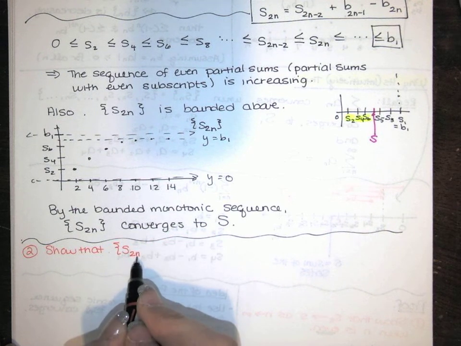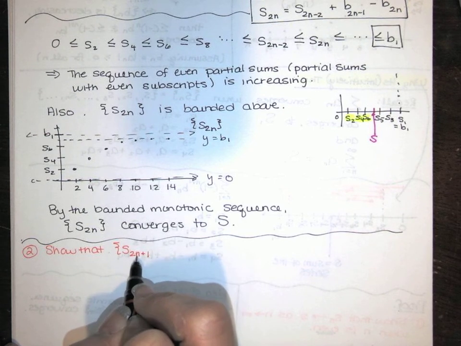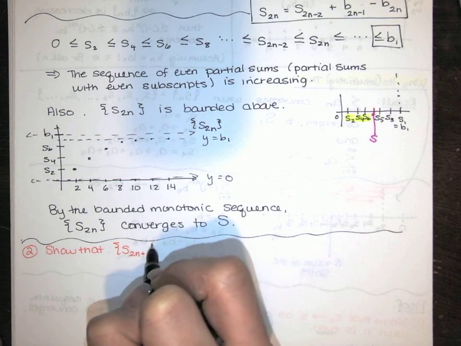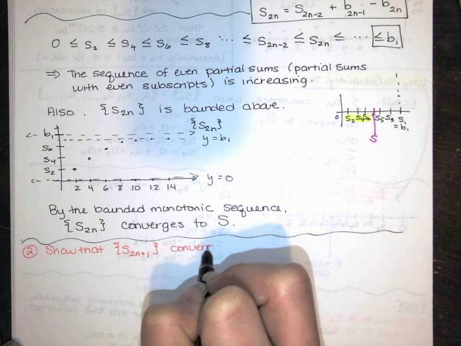When n is an integer, if I double it, that makes it even. If I take an even number and I add 1, that makes it odd. So now we want to show that the sequence of partial sums when the subscript is odd converges to S as well.